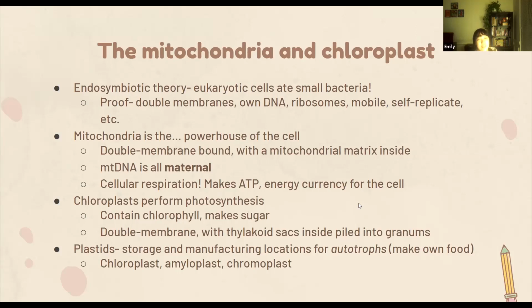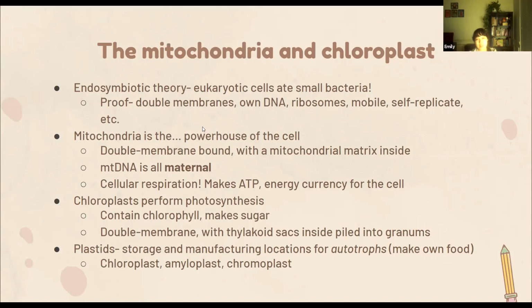It has a double membrane, and inside there is something called a mitochondrial matrix, which is made of cisternae, flattened sacs that go back and forth. Within this matrix is where cellular respiration happens. Cellular respiration is how we make energy for the cell, which is why it's called the powerhouse of the cell.